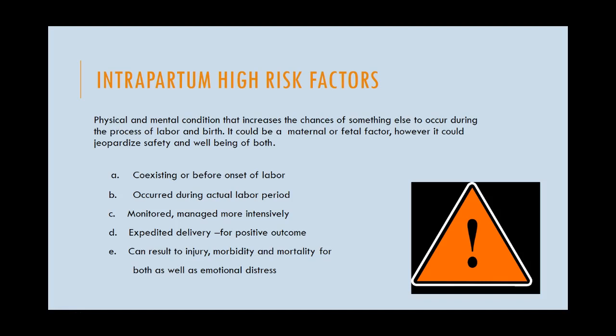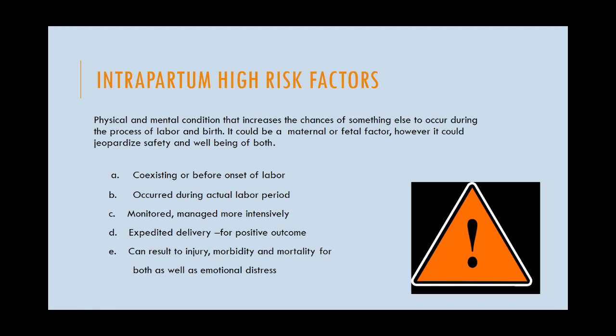Sometimes these high-risk factors can be coexisting or happen prior to the onset of labor. Sometimes they actually will occur during the actual labor process, but these individuals have to be monitored and managed much more closely than your average healthy mom who is not at high risk.